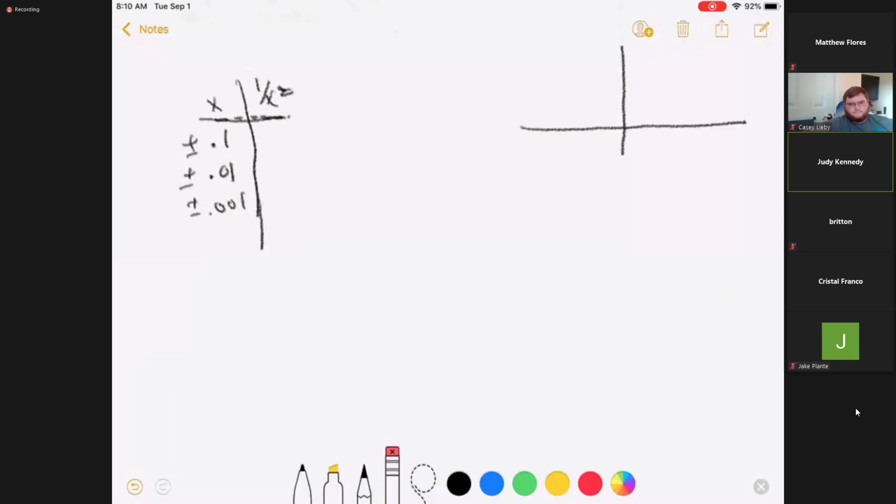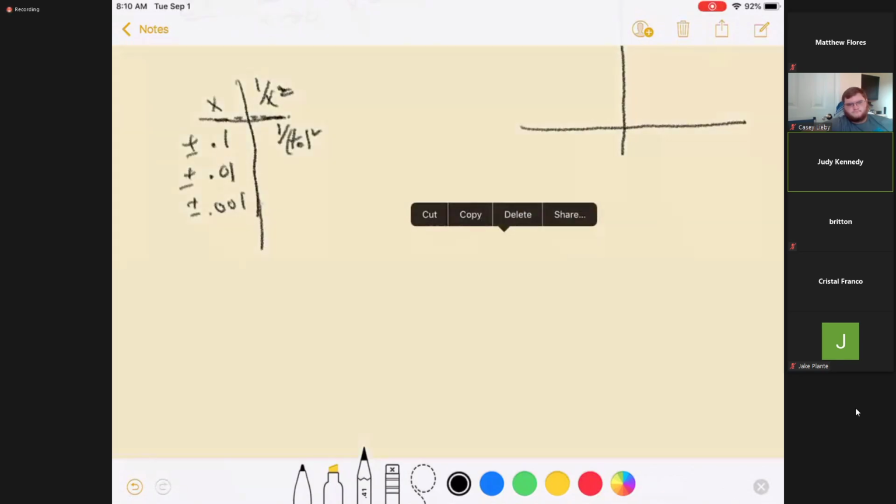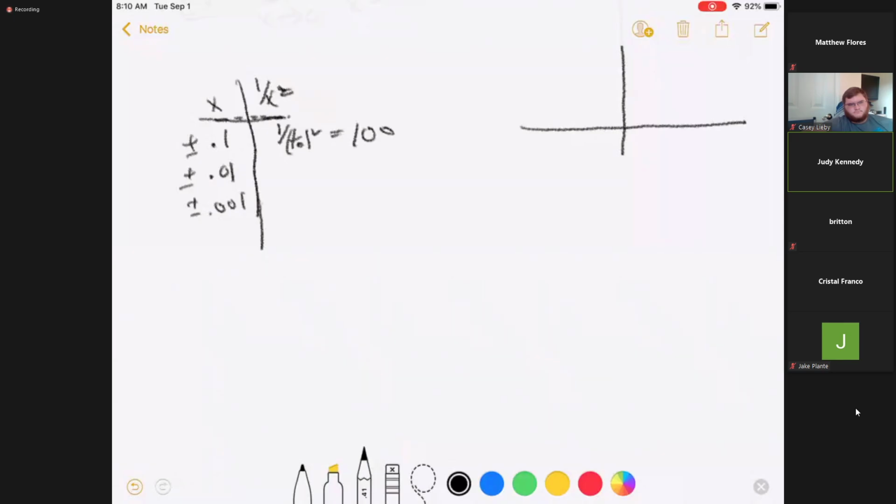Well, if x is plus or minus 0.1, then I've got 1 over 1/10 squared, which is 1 over 100, which is 100. And if I've got 0.01 plus or minus, that's 1 over 1/100 squared.